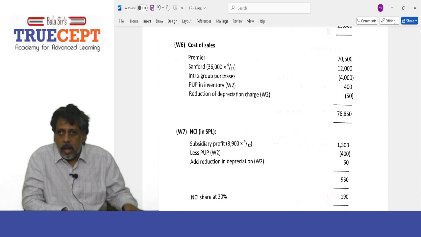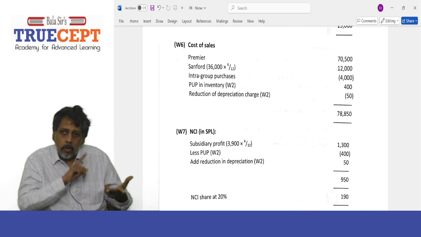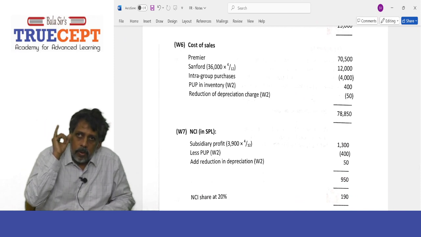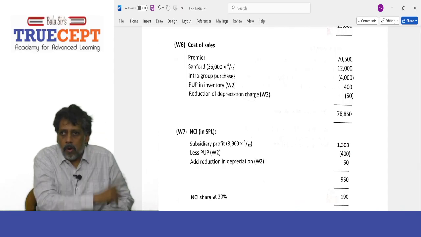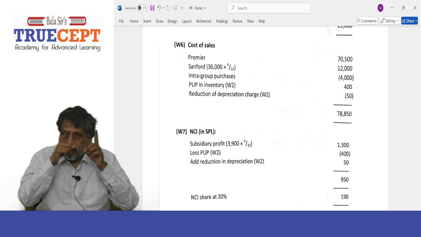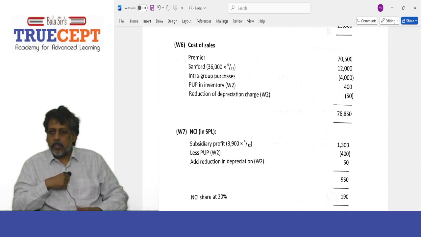So the intra-group sales, how much? It is $1,000 for the last 4 months: June, July, August and September 20X0, so $4,000. That will be part of your sales and my cost of sales. Because what is cost of sales?